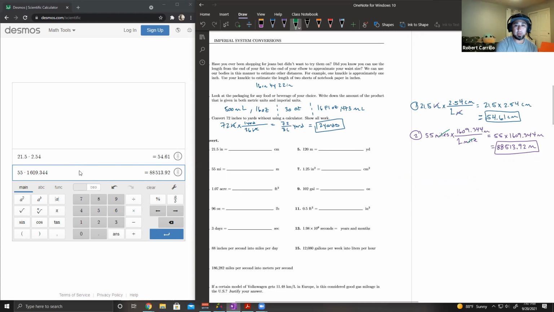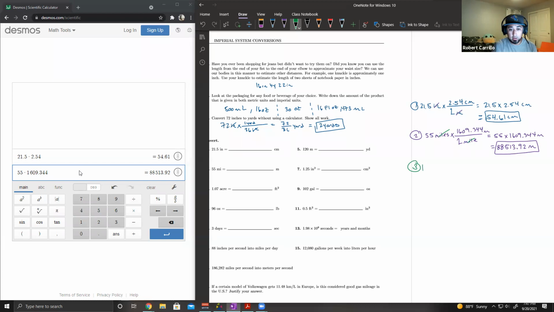All right, number 3. Convert 1.07 acres to square feet. If you look at that conversion page above, it actually has how many square feet 1 acre is equal to.